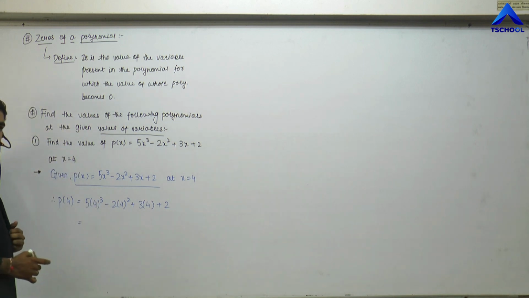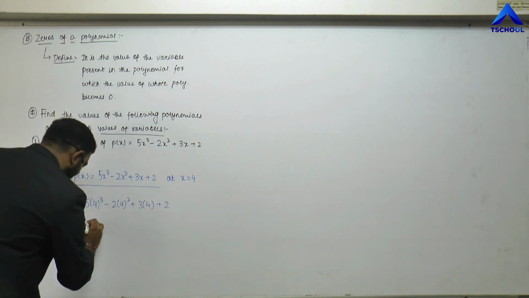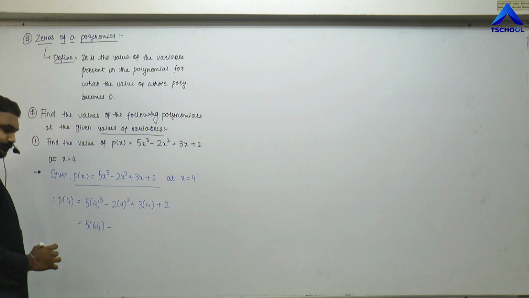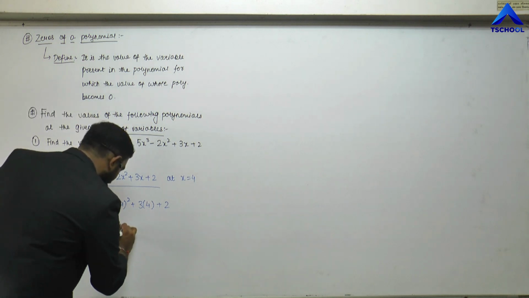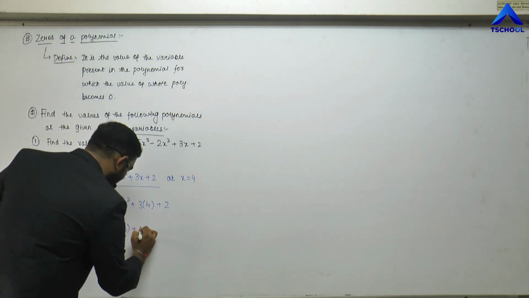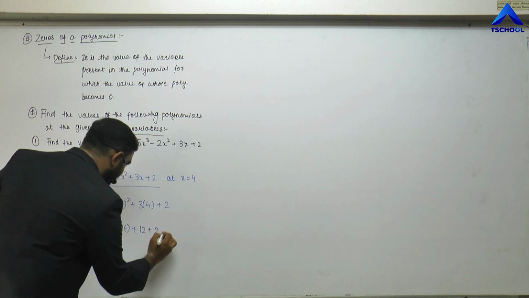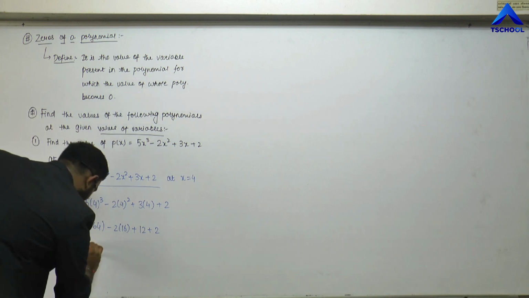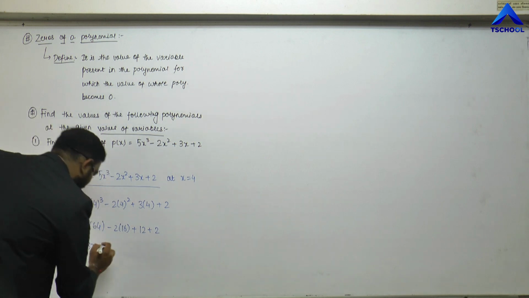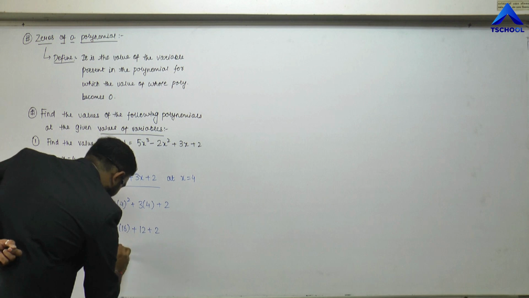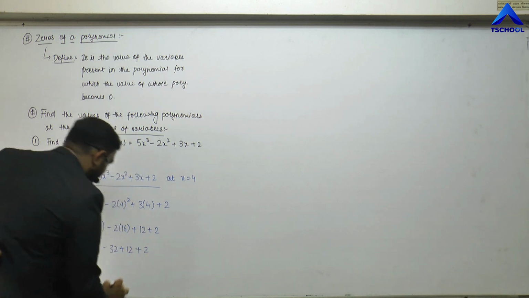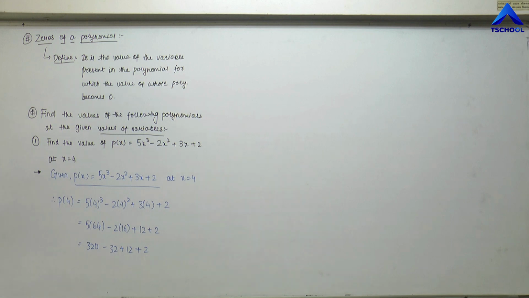That is 4 cube, that is 64, and 5 into 64 minus 2 into 16 plus 4 into 3, 12, plus 2. So 64 into 5 is 320, minus 16 into 2, 32, plus 12 plus 2. Is it clear, friends?